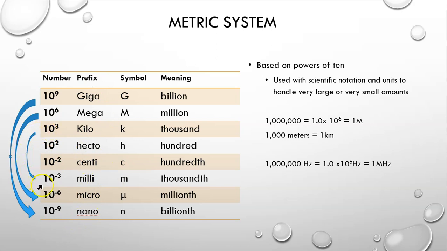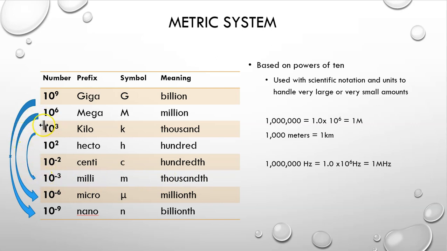And particular are these ones that are connected here. 10 to the 3, which is kilo, or we just abbreviate K, which means 1,000, is related to 10 to the minus 3, or milli, or thousandths, as reciprocals. And so that's going to be important.